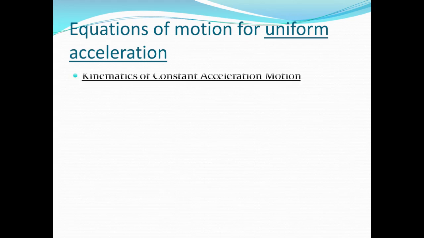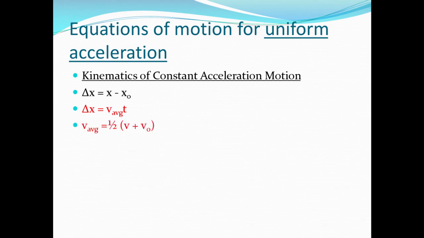So the equations of motion for uniform acceleration can be overwhelming at first, but you really only need to know 5 of them. You should know what displacement stands for. It's the final position minus the initial position, or x minus x naught. You can also write the displacement is equal to the average velocity times the time. And what's unique about this formula, if the acceleration is constant, there's a neat way to find the average velocity.